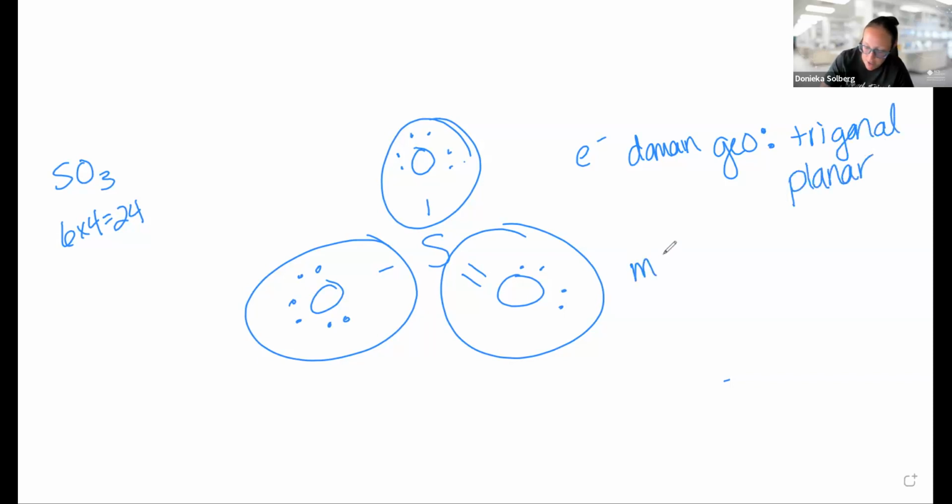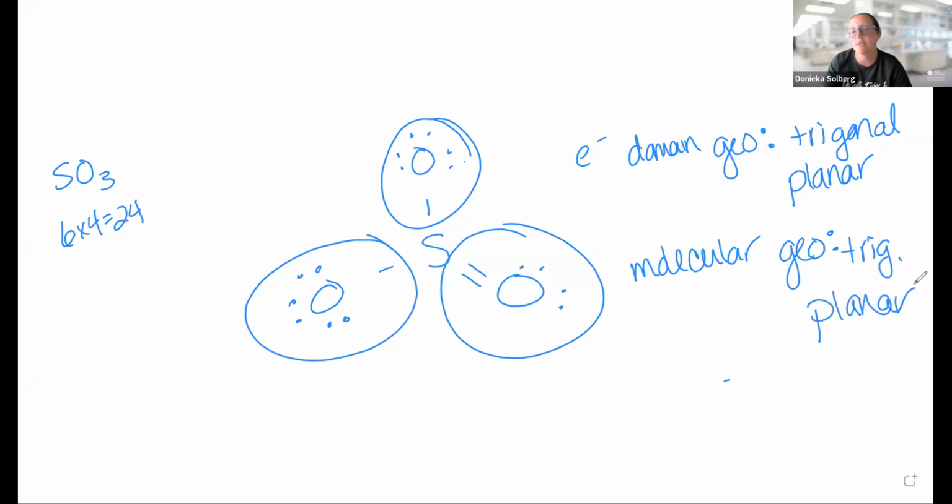Okay, the molecular geometry, then, I have no dots on the middle, so it is exactly the same. It is also trigonal planar. And you can't just say trigonal, because there's also trigonal pyramidal, so you've got to take that into account. All right, so if there's no dots on the middle, it is exactly the same.